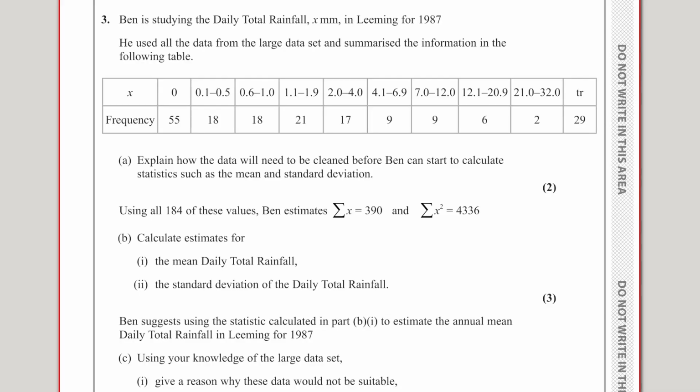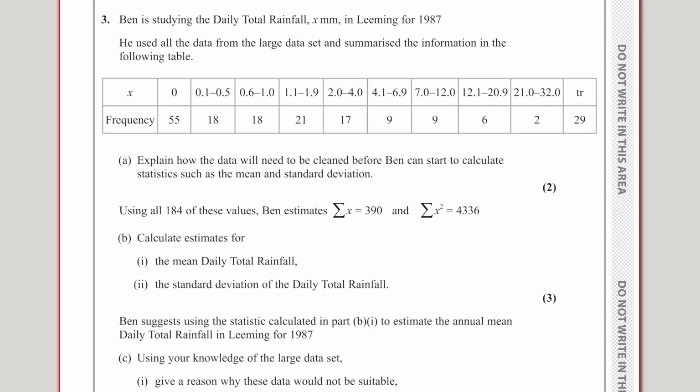Question 3. Ben is studying the daily total rainfall, X millimeters, in Leeming for 1987. He used all the data from a large data set and summarized the information in the following table. Explain how the data will need to be cleaned before Ben can start to calculate statistics such as the mean and standard deviation.